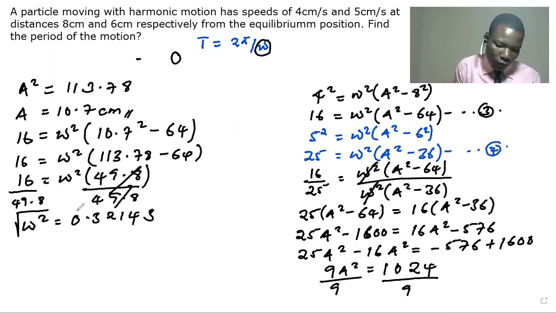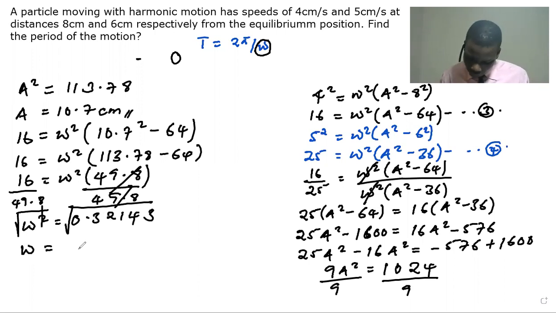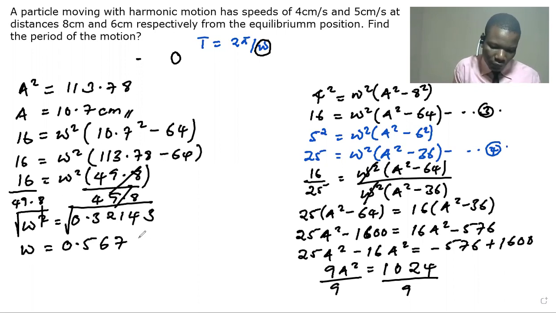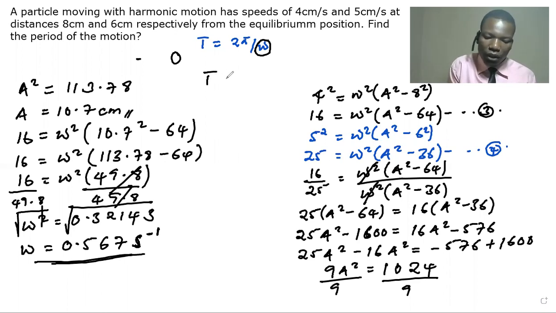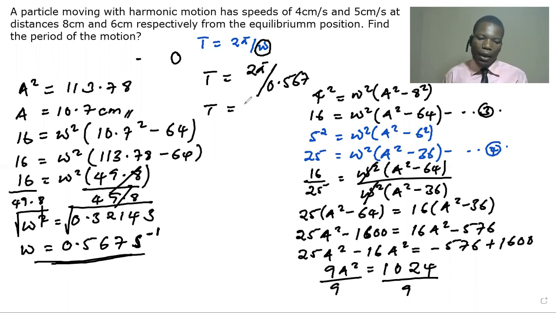We introduce the square root, and our angular frequency is going to be 0.567. We know that angular frequency is measured per second, so this is 0.567 per second, and we put it in that equation now.